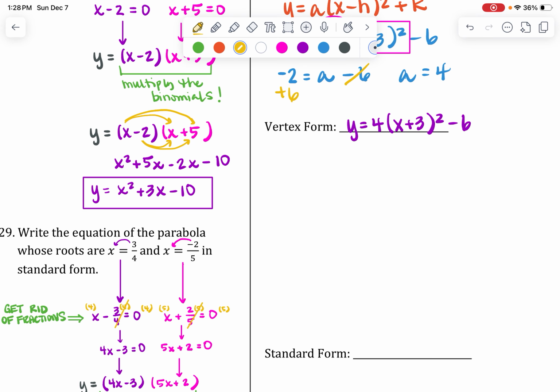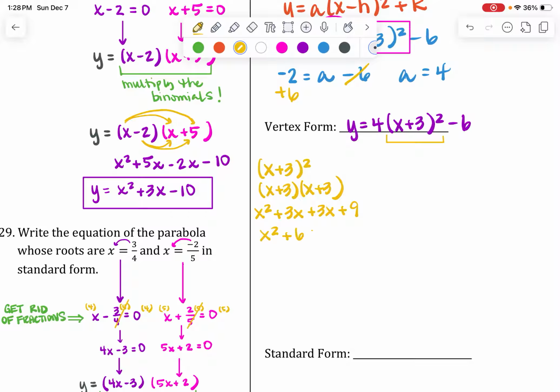Good. Okay, now I'm going to take that vertex form and convert it into standard form, right? We did this quite a bit. So remember, you need to do this part first. I'm even going to go off to the side and do the (x plus 3) squared, because remember, parentheses and exponents have to be taken care of first. So (x plus 3) squared needs to be expanded into (x plus 3) times itself, and then you need to double distribute again, or you can do the box method if you want to.